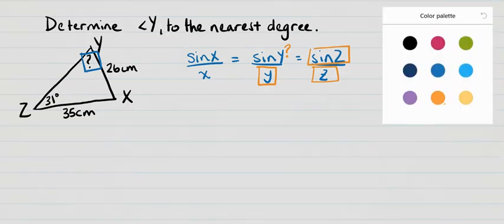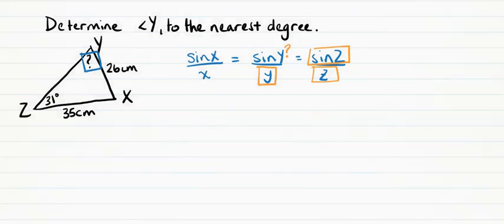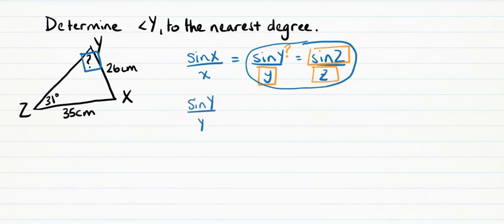So we are going to be using these 2 ratios in order to solve for our unknown. So here we would have 3 pieces of known information, and our 4th piece is the angle y that we will be able to solve for. So we're using the ratio sine y over y is equal to sine z over z.